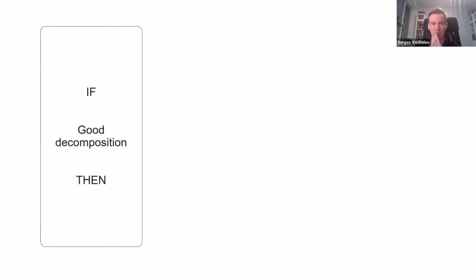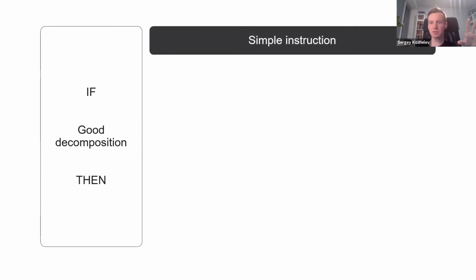So, what do you get if you break down your complex task into a simple one? First of all, you need to apply our approach, starting with the very first step, coming up with an instruction. So again, let me reiterate that you can apply decomposition on several steps of making a project.